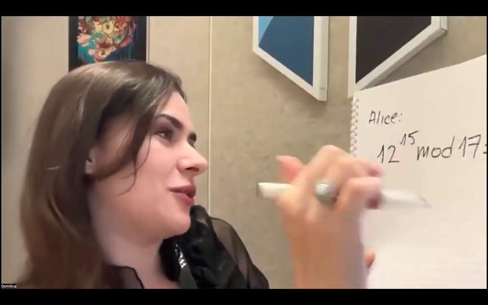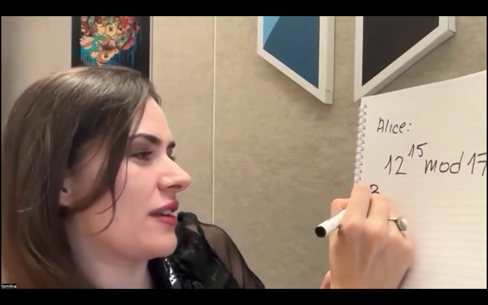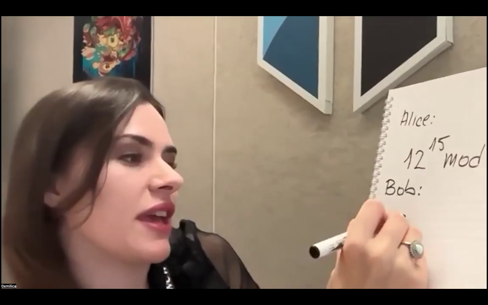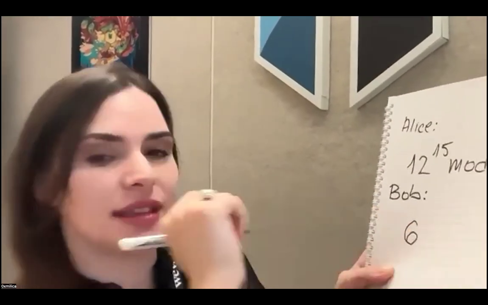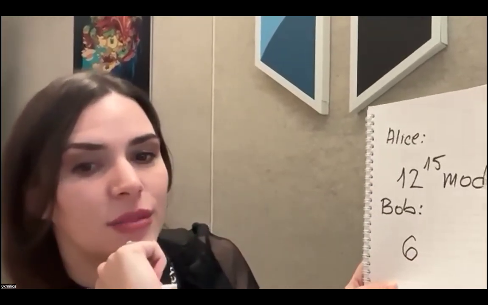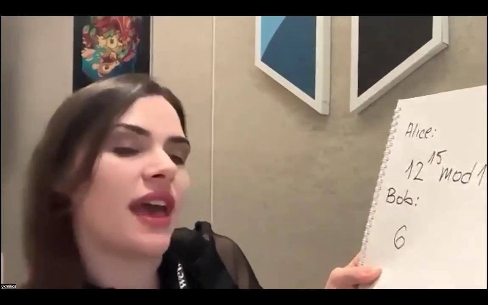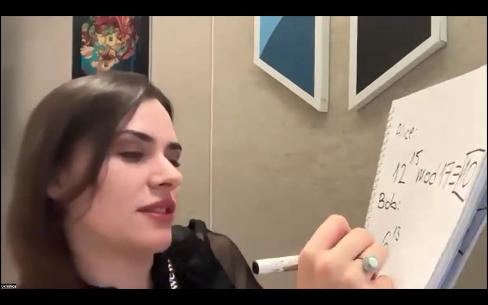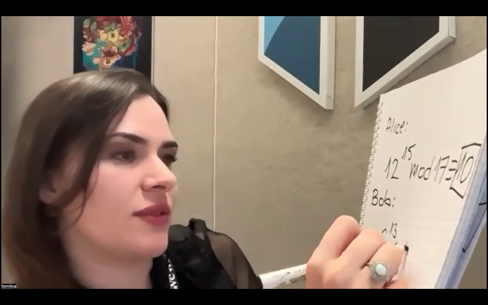Next, Bob says, all right, I need to do the same thing. I will take what Alice gave me, her public result 6, and my private key 13, and he will calculate modulus 17.